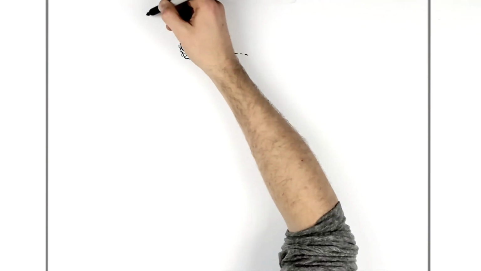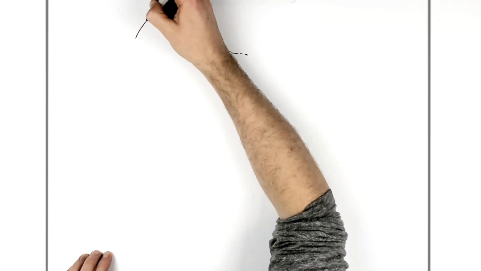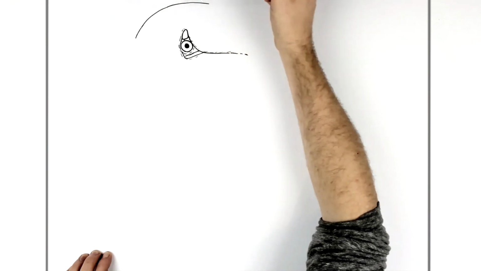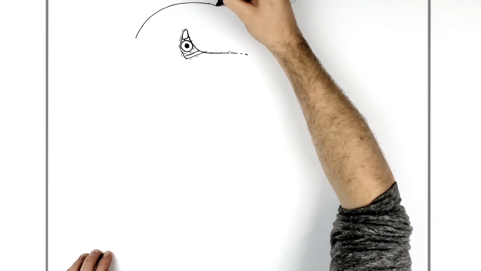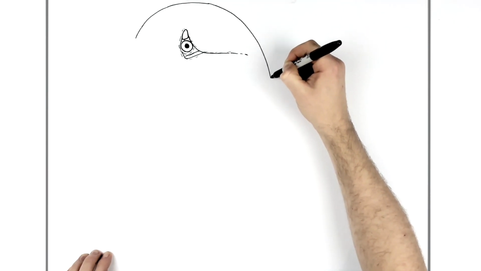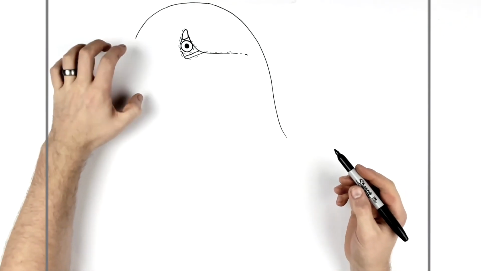And then the main shape for his head, just above. We'll go around here and curve it around this eye. Quite big now. His eye is quite small in relation to the rest of his head. Like this. And the beak is in front here.